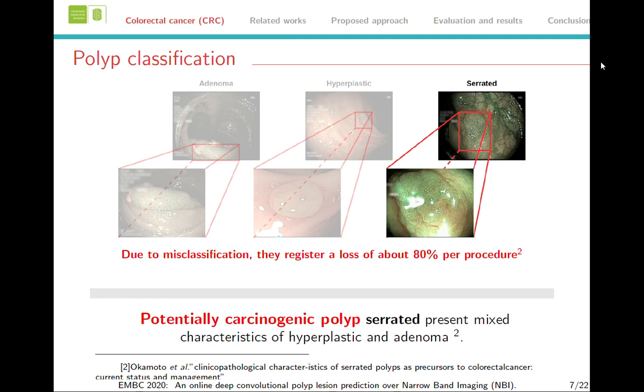Finally, the serrated polyp, potentially carcinogenic in nature, presents mixed characteristics of the two recently mentioned biomarkers. It's often confused with hyperplastic polyp. Due to misclassification, they register a loss of about 80% per procedure, increasing the death rate for this disease.